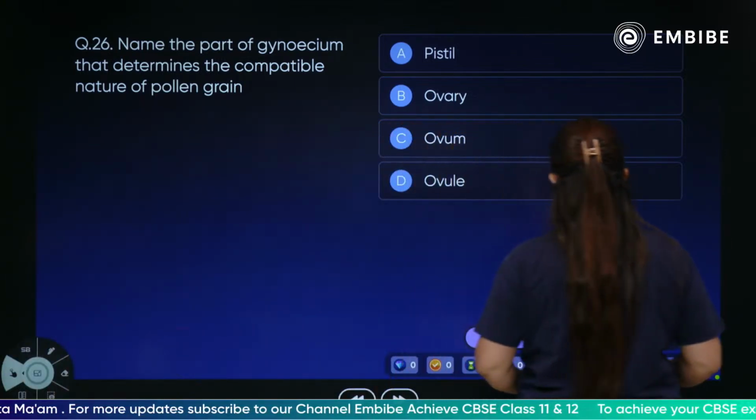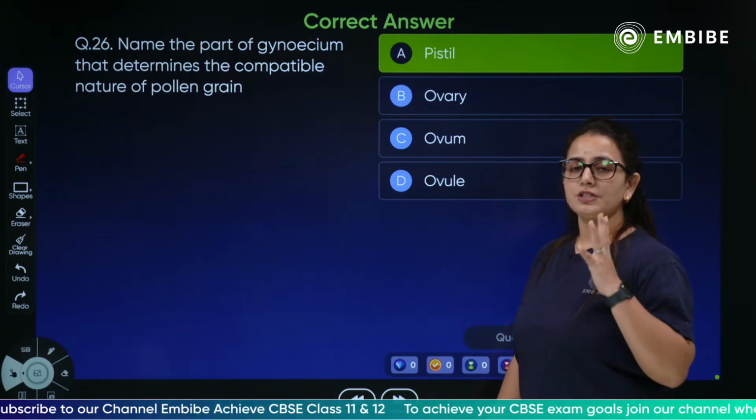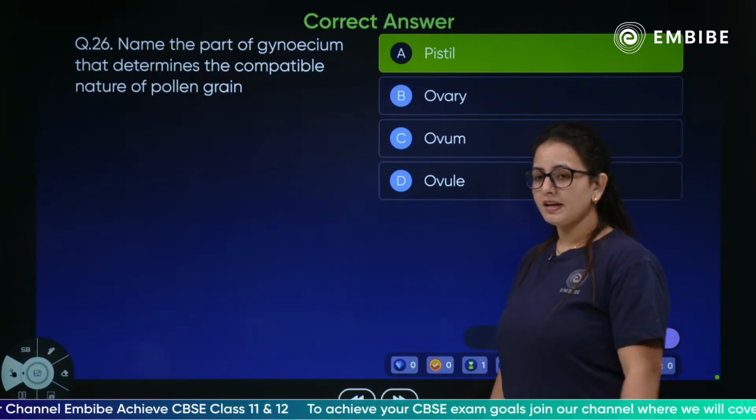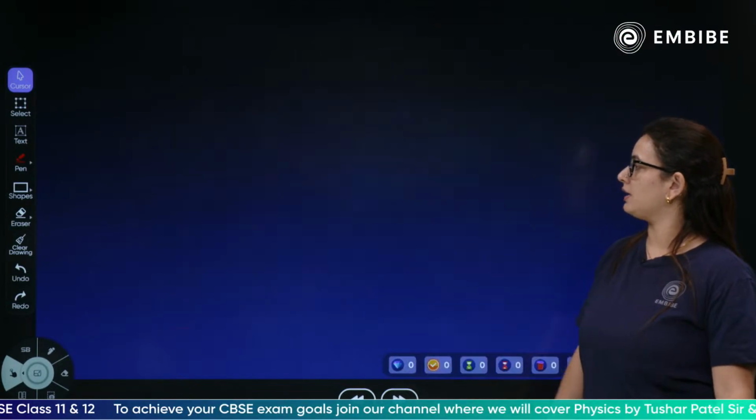Very simple, the compatible nature is basically determined at the pistil. The pistil, which is divided into stigma, style and the ovary, is totally telling you whether the pollen grain is compatible or not. Next question.